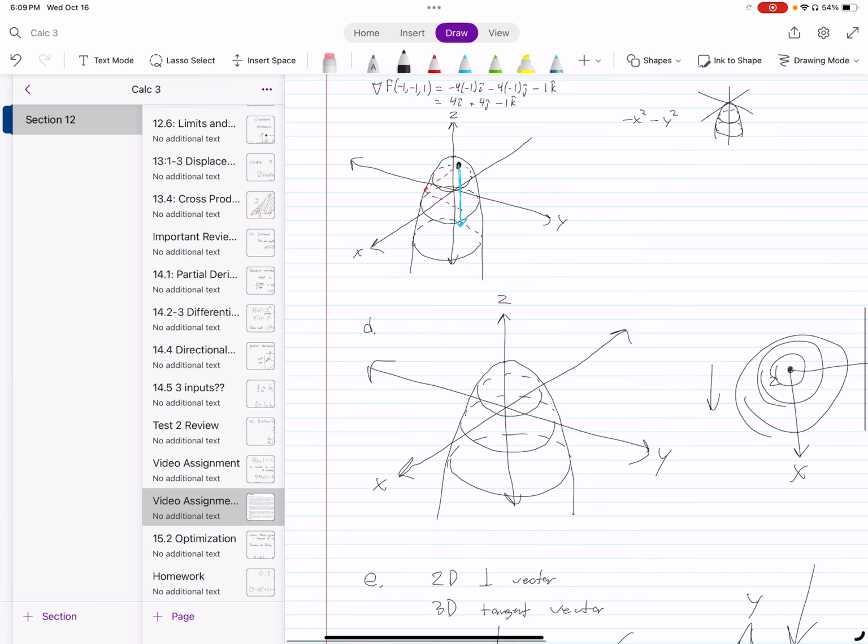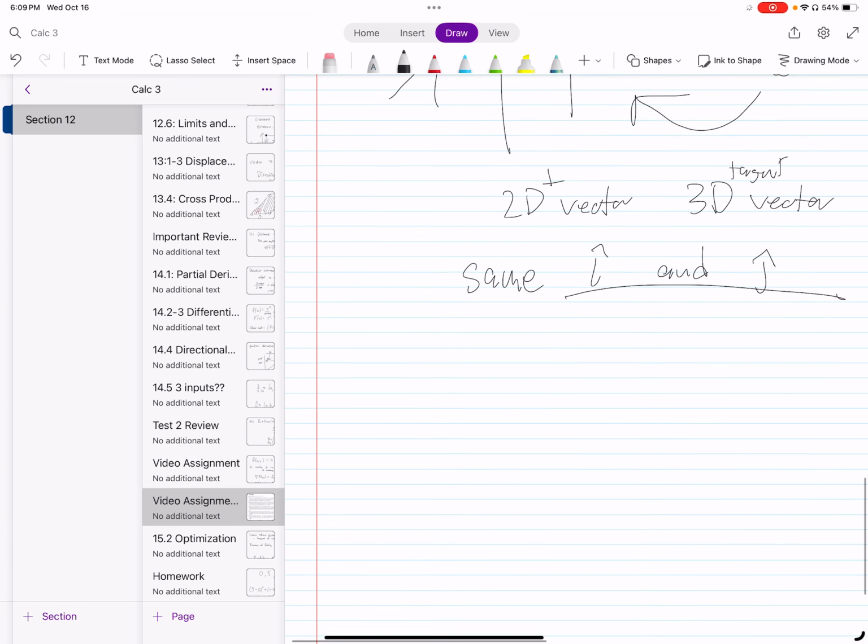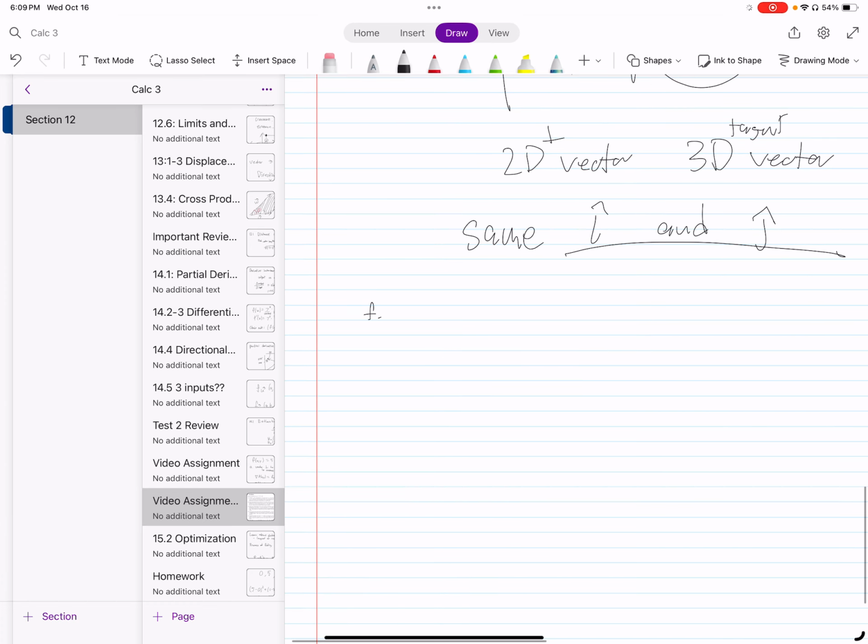So the perpendicular vector to the surface is the same thing we did right here in part C. We're going to redo it down here, part F. So the function z is equal to 5 minus 2x squared minus 2y squared. We'll move that over. Big function f of x, y, and z equals 5 minus 2x squared minus 2y squared minus z.